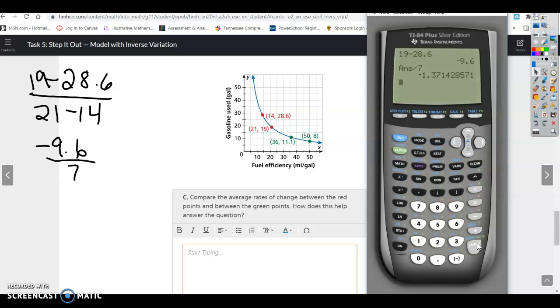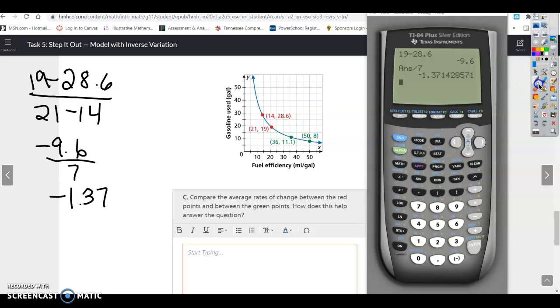So Sam's average rate of change would be about negative 1.37. So that means with his rental vehicle, on average, for each mile per gallon, he's going to save about 1.37 gallons of gas. All right, so let's see for Par what that would be.